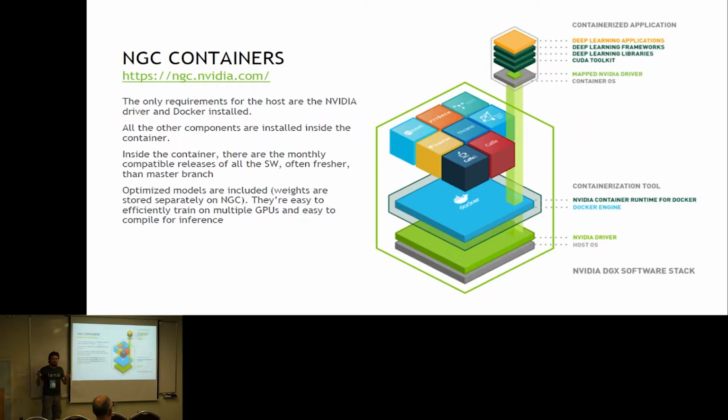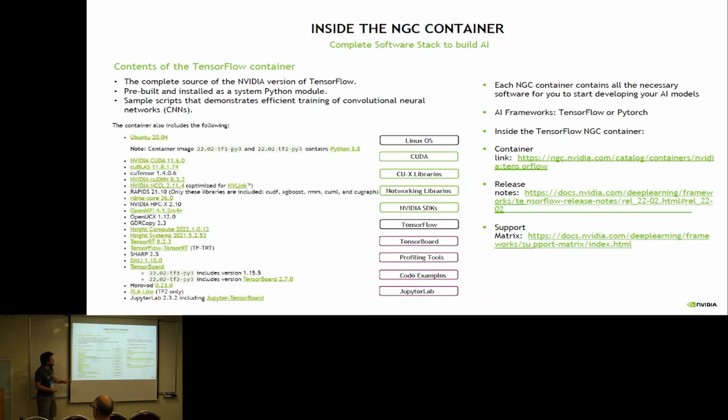So, what's the value of containers? I've already told you that the modern deep learning stack is a bunch of libraries, and these are just some of them. And if one wants to make sure that all these libraries in the stack are compatible, one has to test them together.